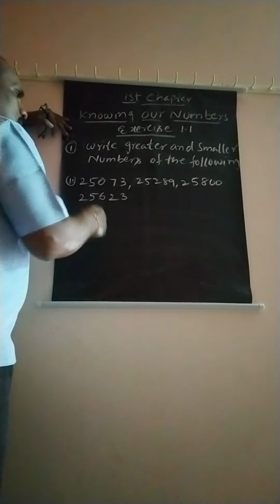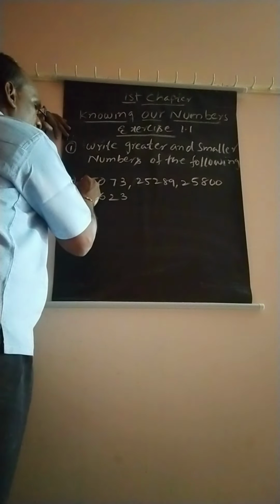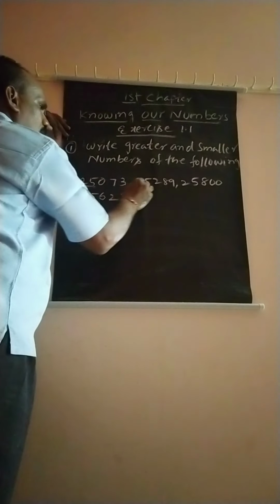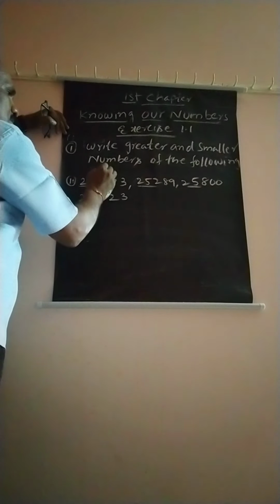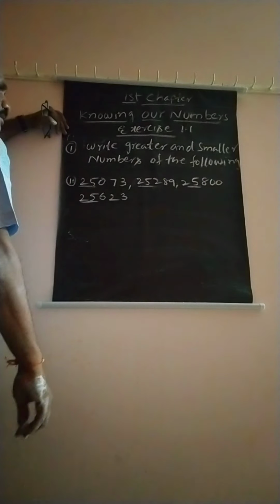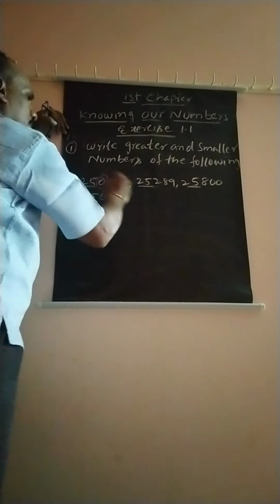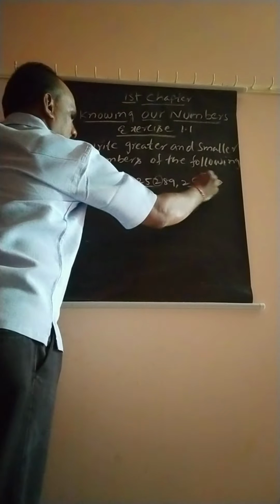After these 4 numbers, now we want to say the bigger one and the smaller one. Similar to the previous problem, the first 2 digits, 2 and 5, are common. When comparing the third digit, here 0, here 2, here 8, here 6. So 0, 2, 8, 6.